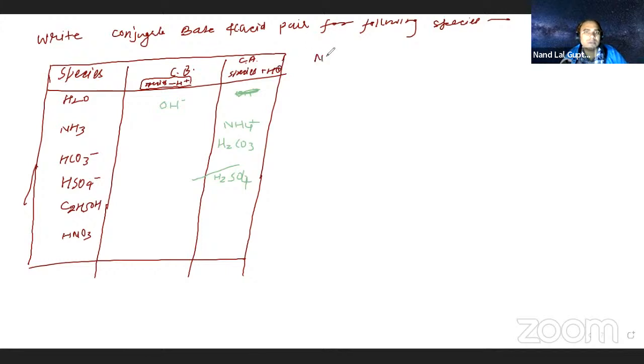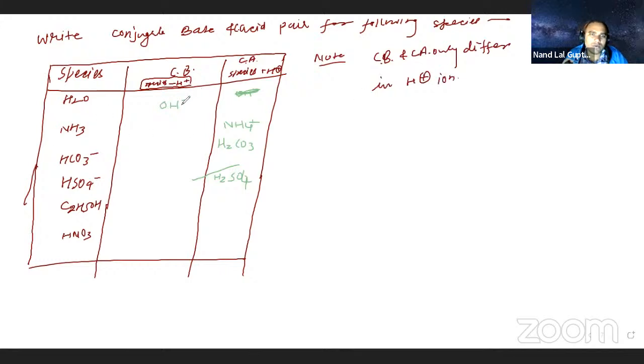And for the conjugate base, I am writing simply the species minus H plus. Let me rewrite. Conjugate acid: in whatever species is given, you add the H plus. Note: conjugate acid and conjugate base only differ in what? Can you tell me? Only differ in H plus ion.